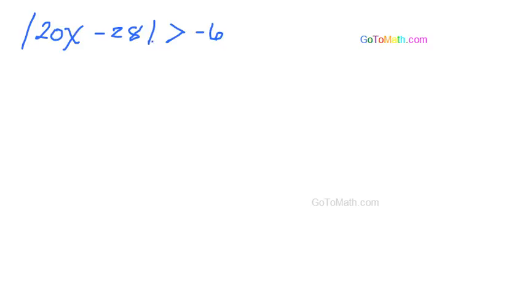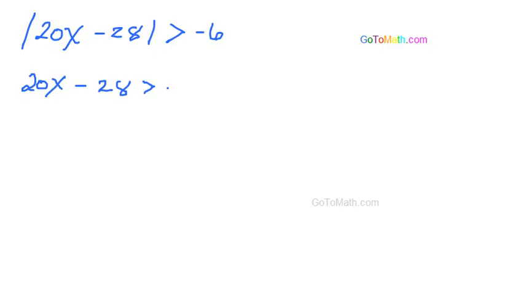So we have this thing greater than negative 6, and no matter what we plug in, it's always going to be greater than negative 6. I want you to think about that. But we're going to go through the algebraic steps like we've been doing and see what we arrive at.